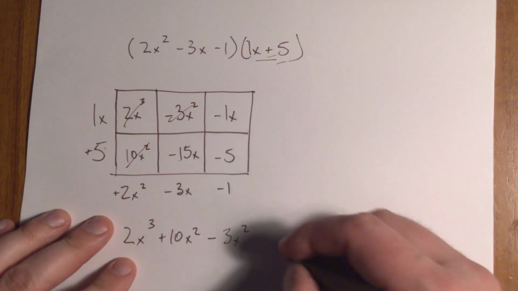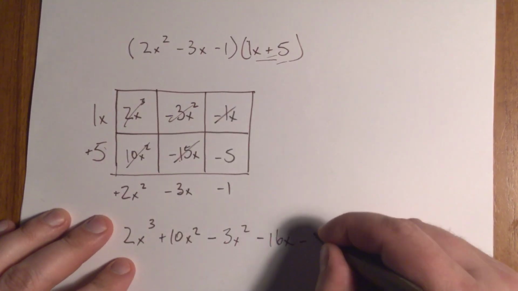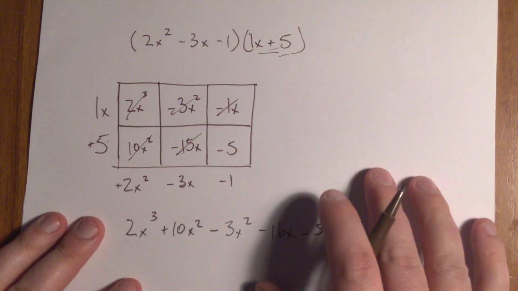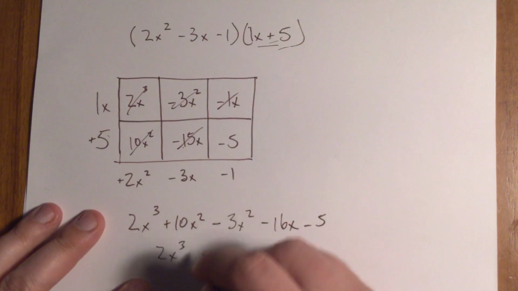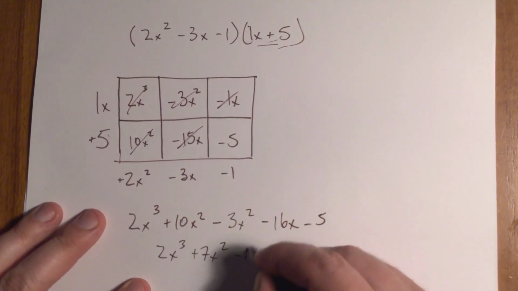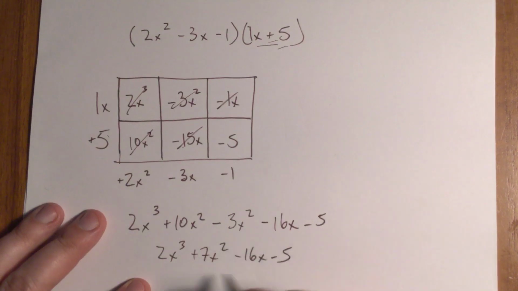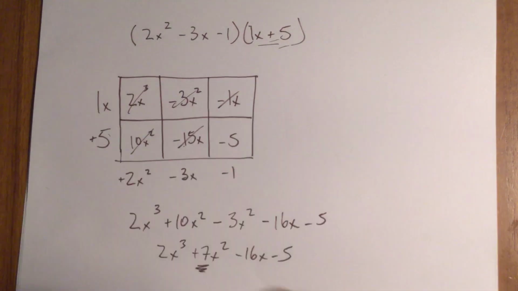Minus 15x minus 1x is minus 16x. And then minus 5. And then if I combine like terms, I get 2x cubed, 10x squared and negative 3x squared is plus 7x squared, minus 16x minus 5. So this is what they say. When they ask about the coefficient of this x squared term, they mean that. So that's one way you could have done it.